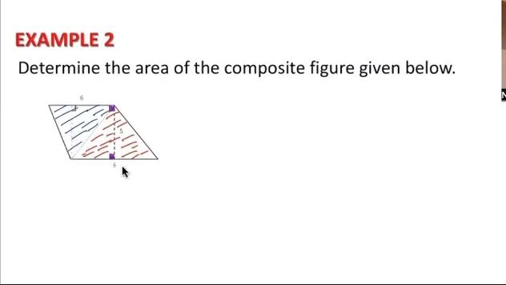So we can find the area of these 2 triangles: the area of the triangle which I shaded here in blue, plus the area of the triangle which I have shaded here in red. First, let's find the area of this triangle here. Area of triangle 1, let's call it A1, is equal to base times height divided by 2.